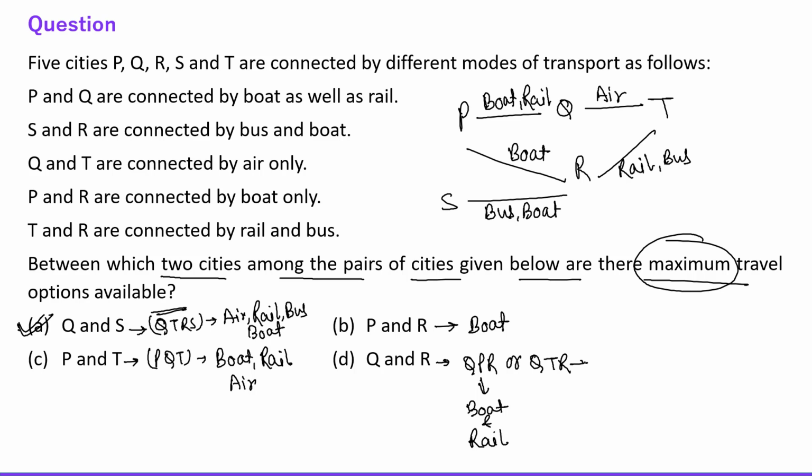And for Q, T, R we have air, rail and bus. So obviously when traveling from Q to S, we have four travel options, which are air, rail, bus and boat. Alright everyone, fine. Now let's move to the other question.